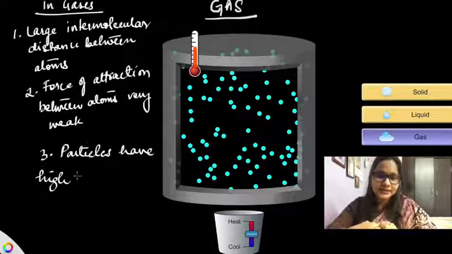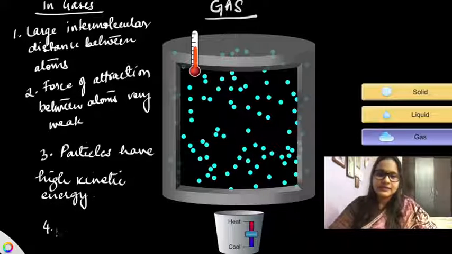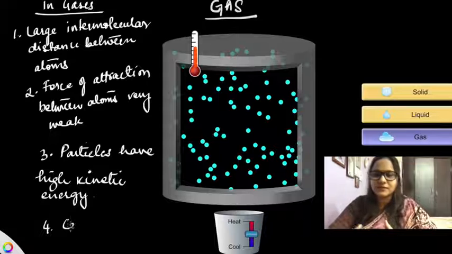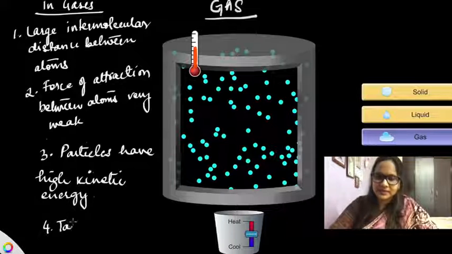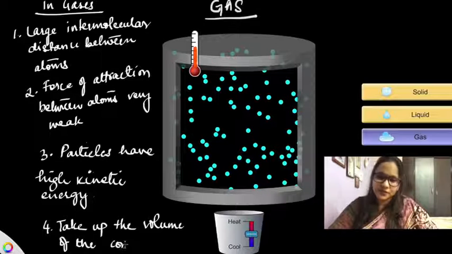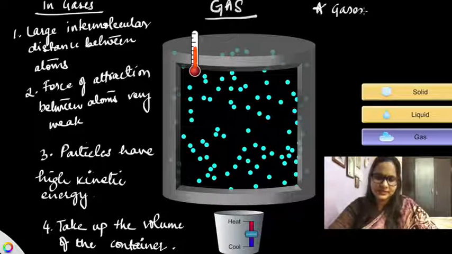Remember that kinetic energy is the energy possessed by any moving object. Therefore, the molecules are practically free to move in any direction, so they can fill any space. Therefore, gases have no definite shape and no definite volume. It is because of the large intermolecular spaces that gases can easily be compressed.